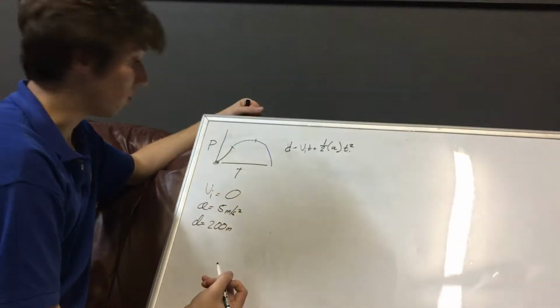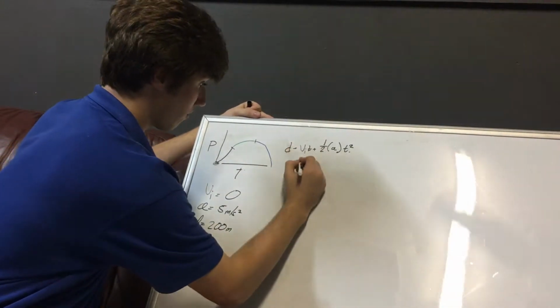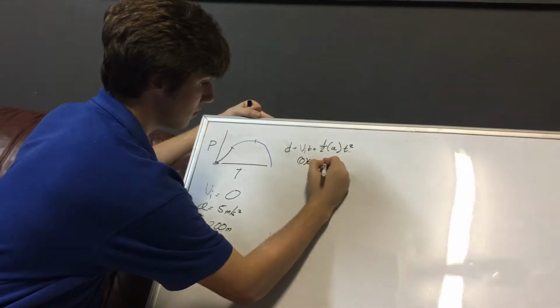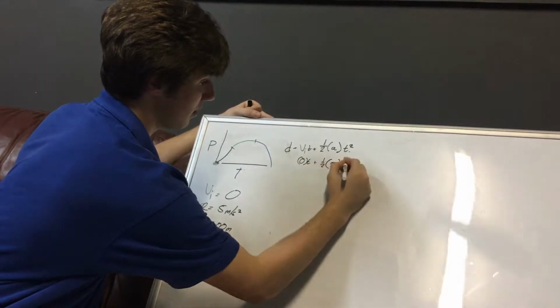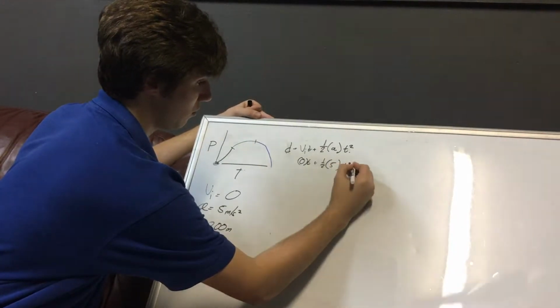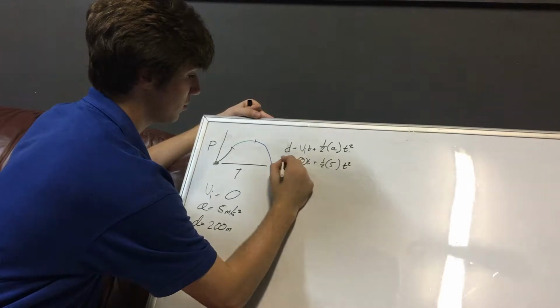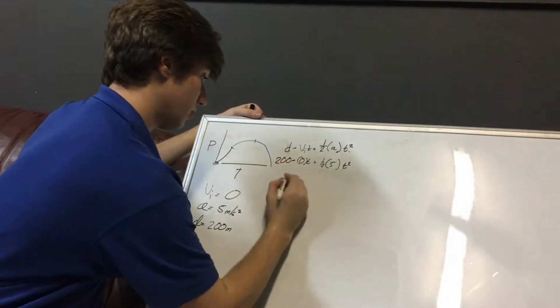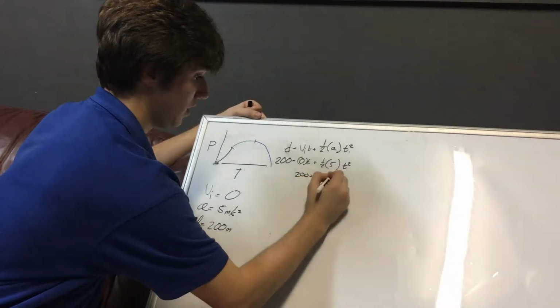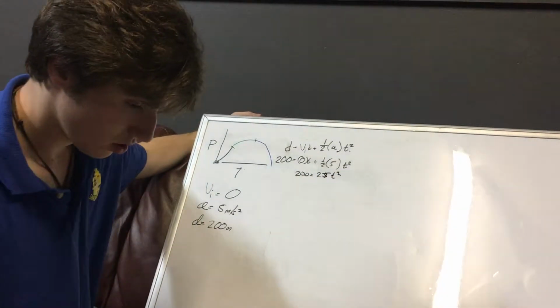So we can use this handy formula. VI is 0, making this whole thing 0 right here. So it's 1/2 times 5 times time squared equals 200 meters. So then 200 equals 2.5 t squared.